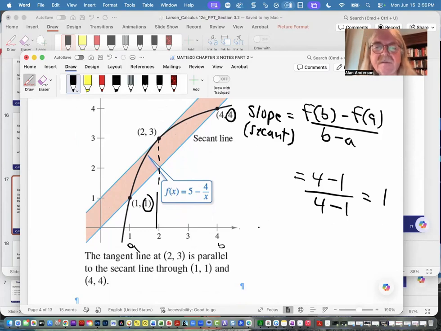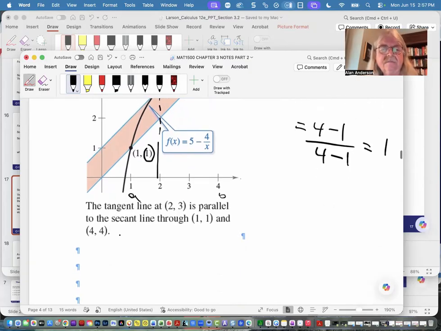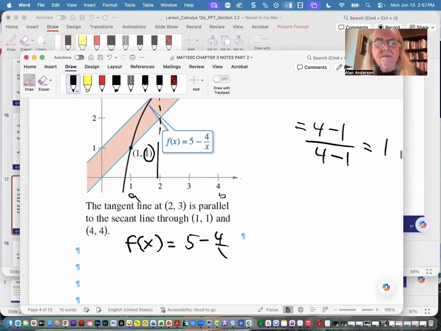So you can prove it by saying, well, here's 5 minus 4x, or 5 minus 4x to the minus 1.